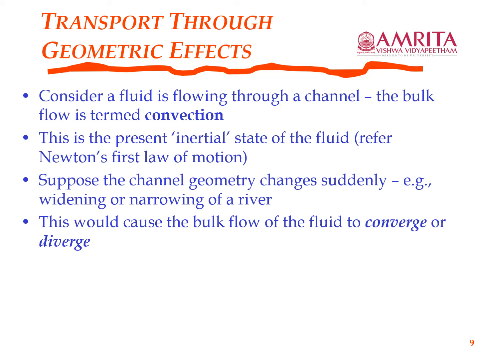Now this magnitude of delta changes, right? So as the channel diverges or converges, therefore that means there is now a transport of x momentum in the y direction, isn't it? Either in the plus y direction or minus y direction.